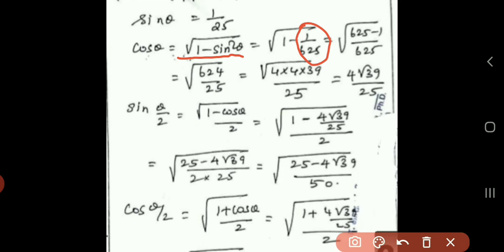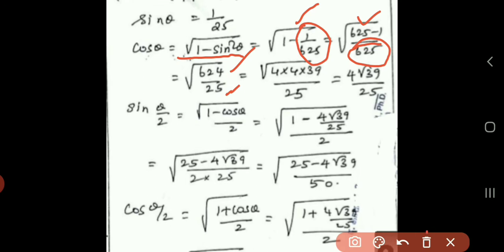So in the square root, I got 1 minus 1/625. Taking LCM inside this square root, I got (625 minus 1)/625. For this 625, the square root is simply 25. At the numerator, if we subtract, we get 624.